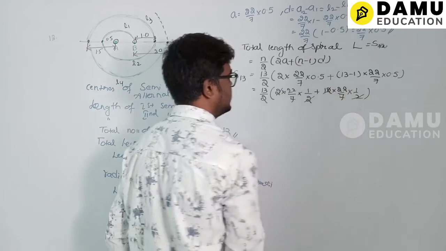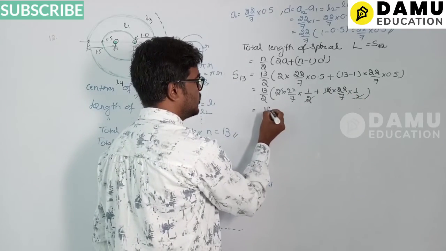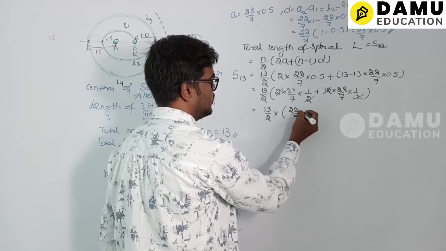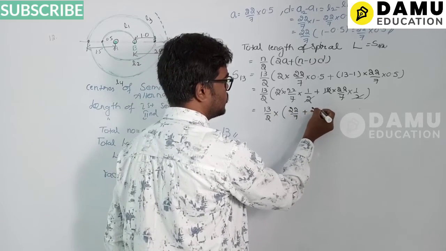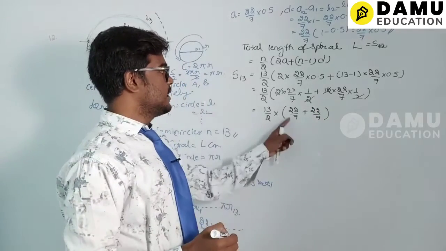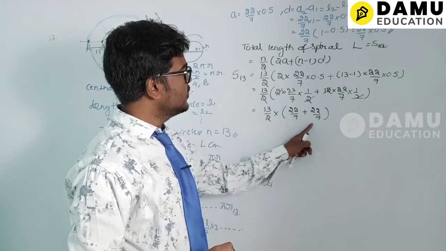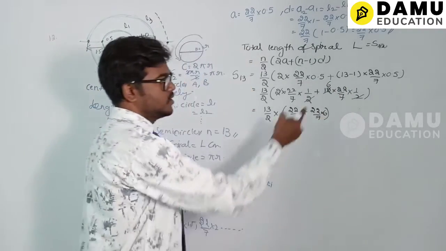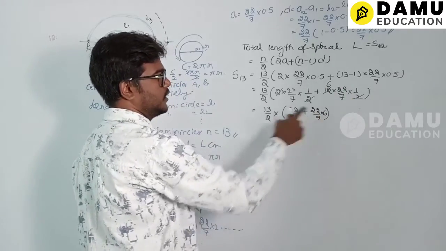Then here 13 by 2 into what you can write? 22 by 7 plus 22 by 7. Sorry, 2 sixes are 12, so here 6 is there.